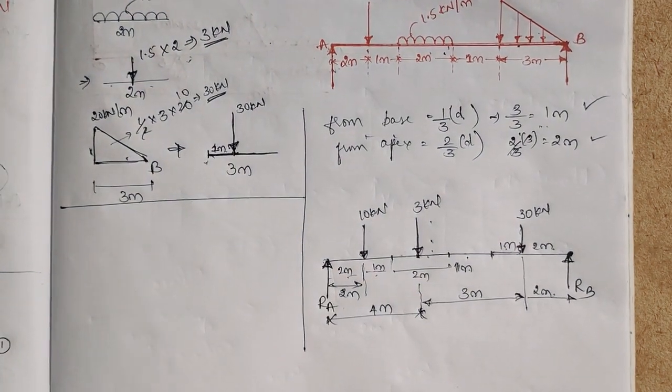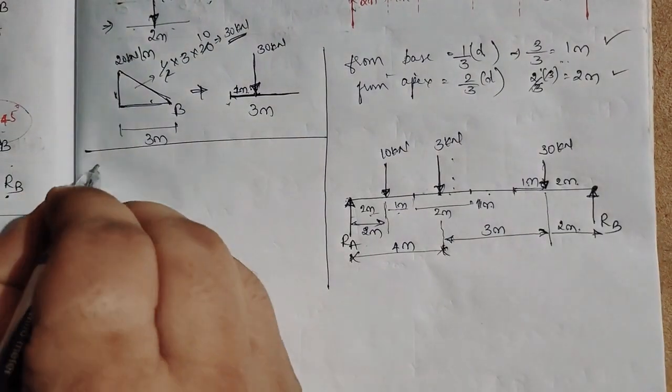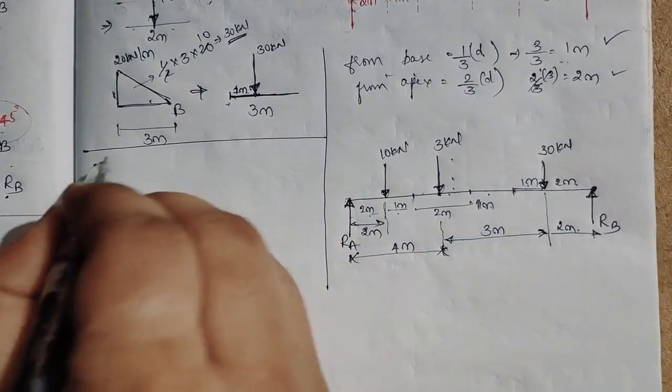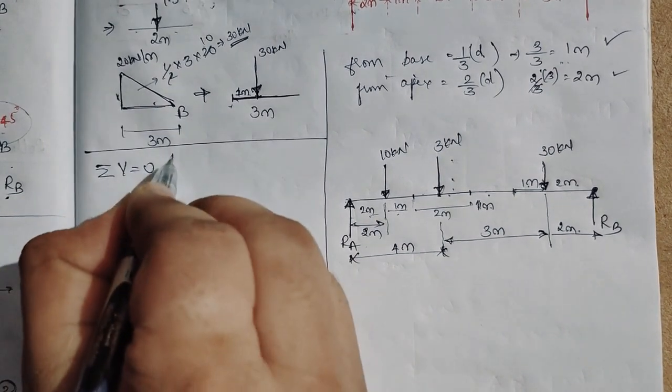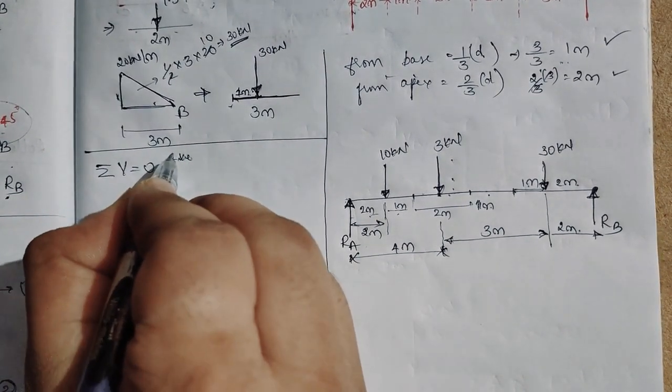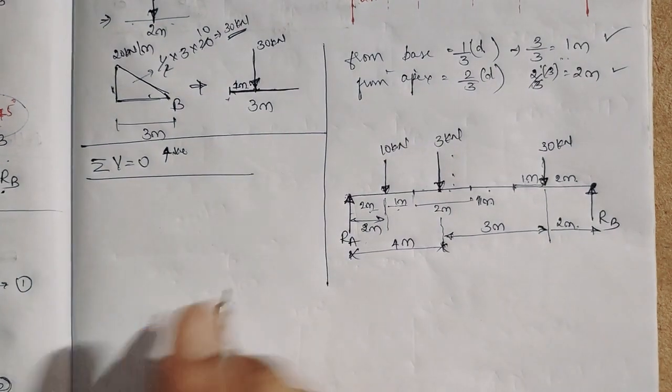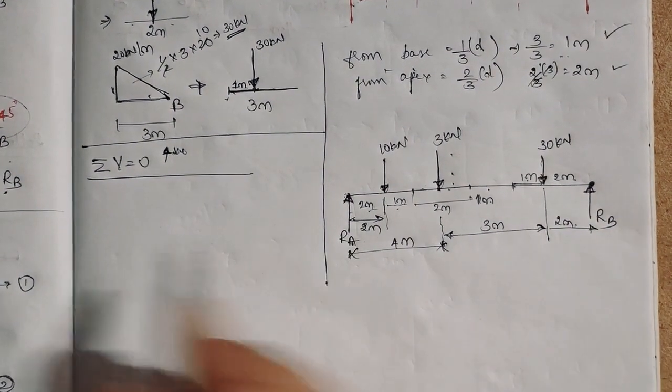After simplifying the figure, just apply summation of vertical forces equal to 0, taking upward as positive. So what are the vertical forces? RA, RB.